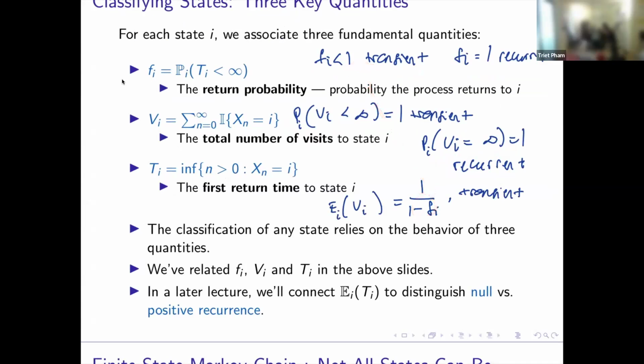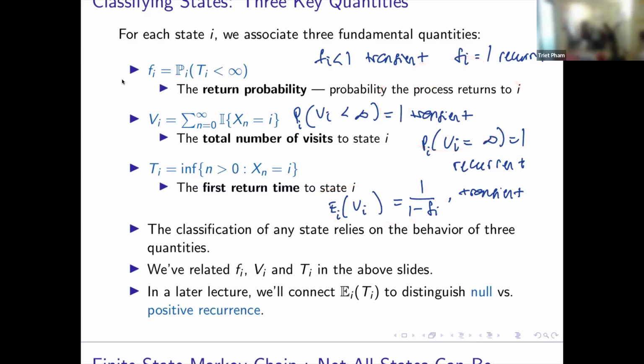But you can also, with some abuse of notation, say that it also works for recurrent because 1 over 0 can be thought of as infinity. So this equation actually is beautiful in the sense that it generalizes. So that's the connection between Fi, Vi, and what they mean.